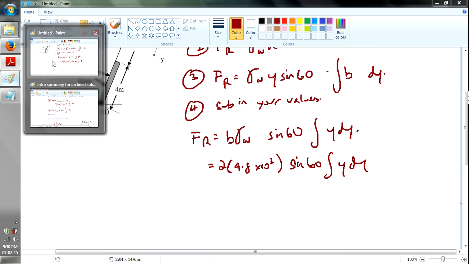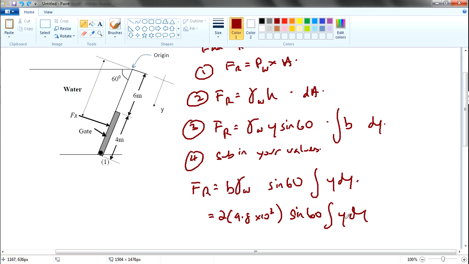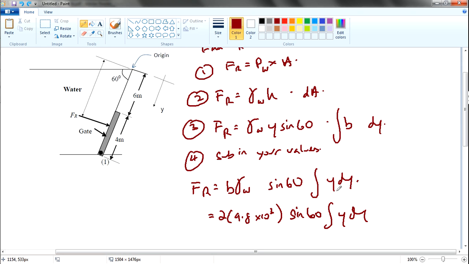So now we are talking about setting the limits for y. You have to say from what to what. The limits have to give a length of 4 meter. So how do you set your limits so that you have 4 meter?